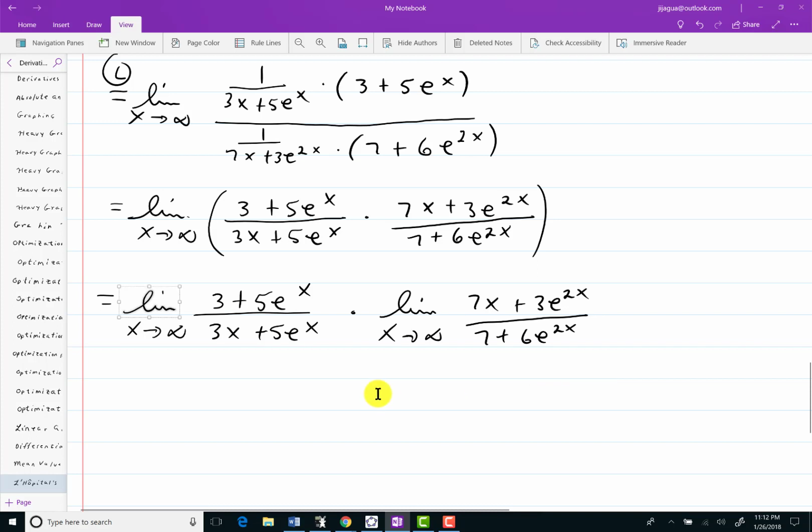Assuming both of these limits exist, I can break it up as a product of limits like that.